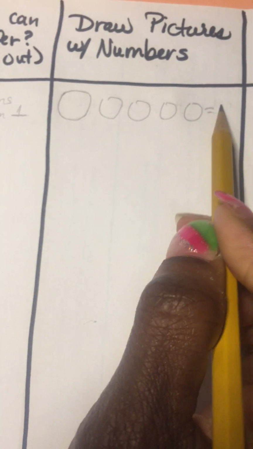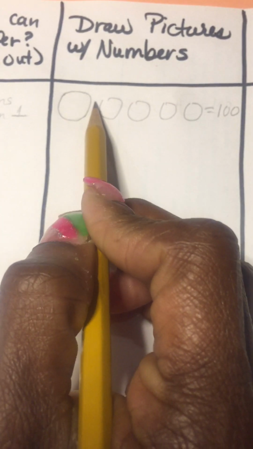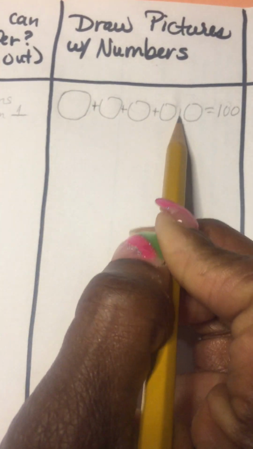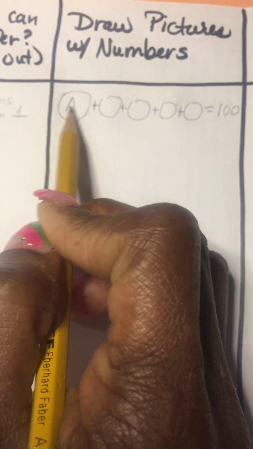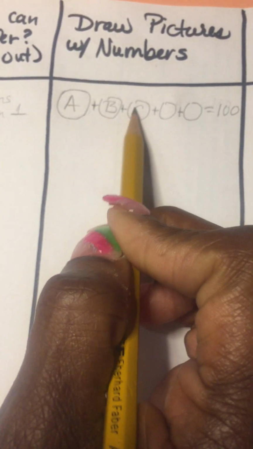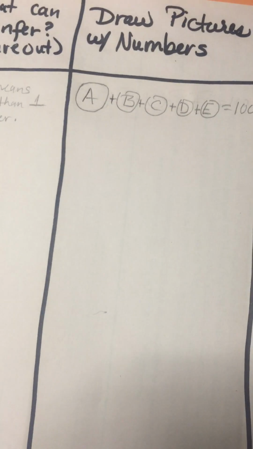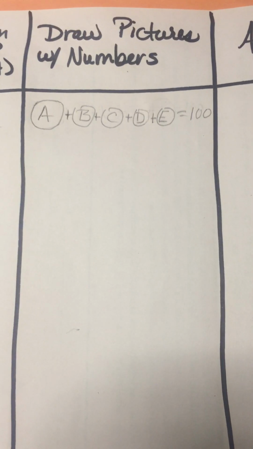And I know those 5 together will add together to give me 100 nuts. So instead of calling it first, second, third, fourth, fifth, I'm going to call this bowl A, B, C, D, and E.